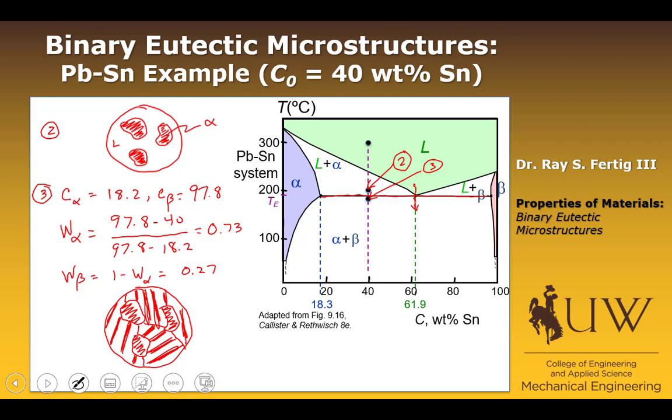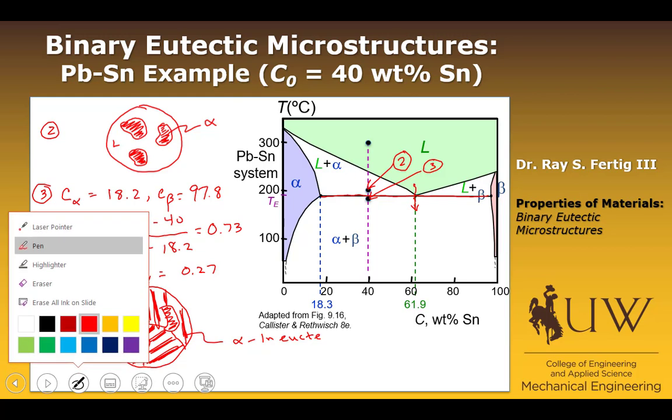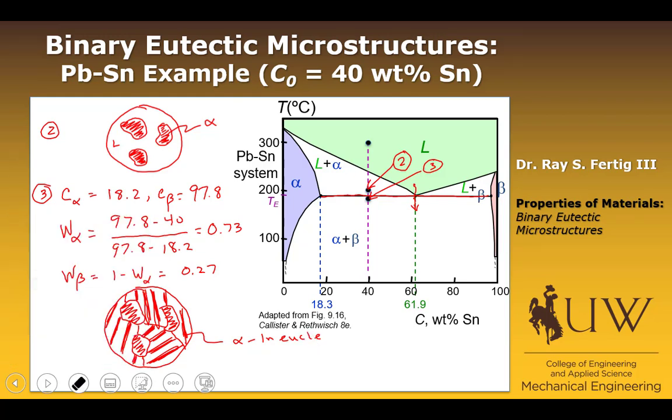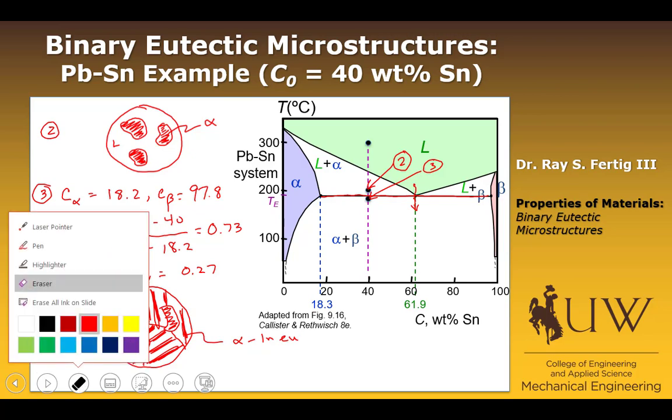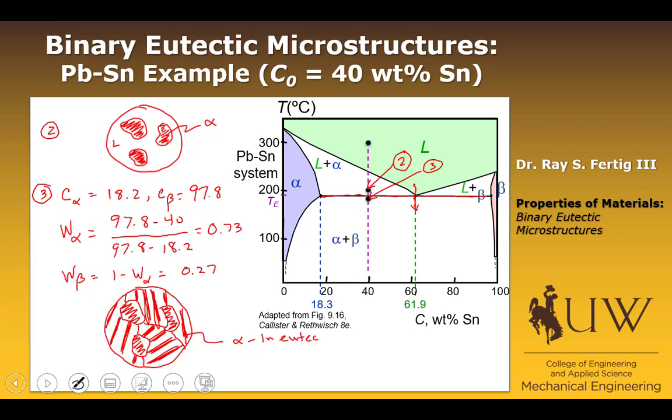The alpha that resides in the eutectic microstructure is just called eutectic alpha.